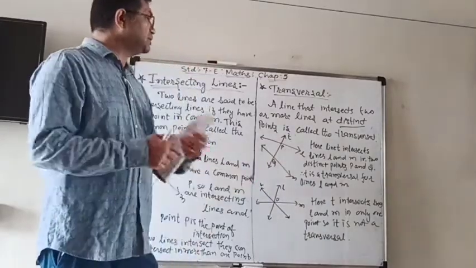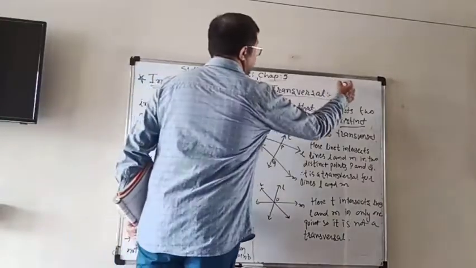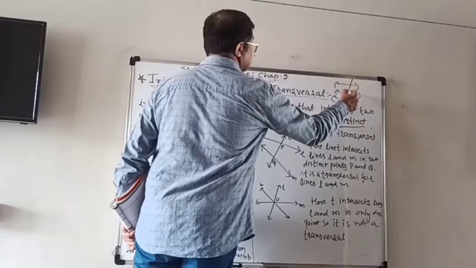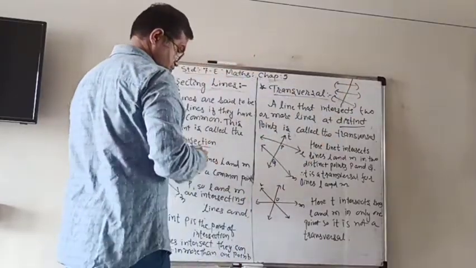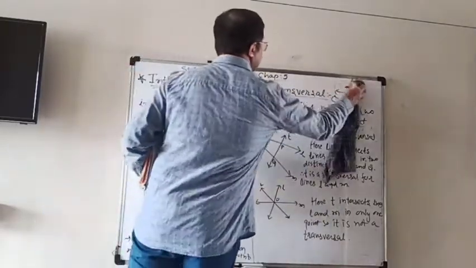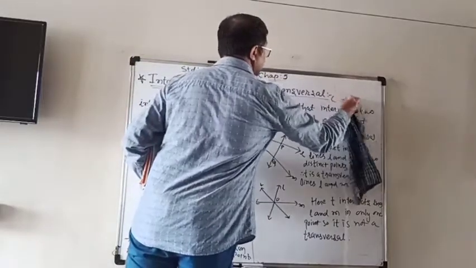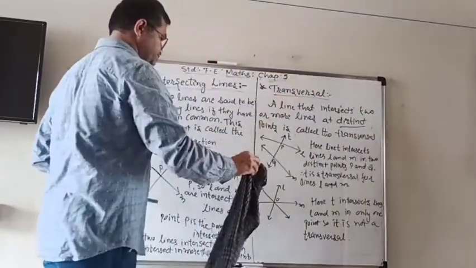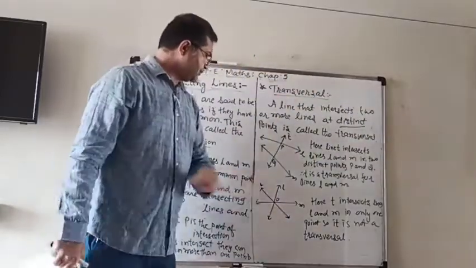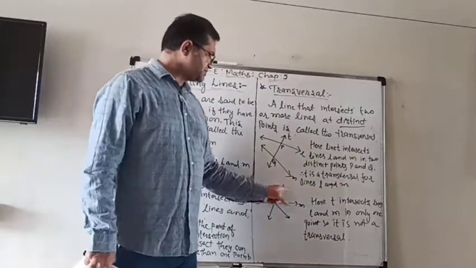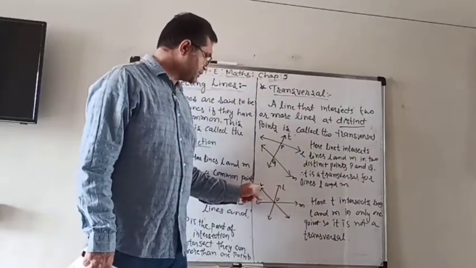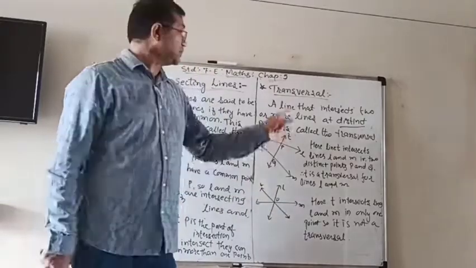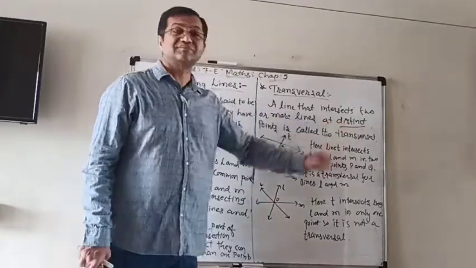There can be more than two lines also, like 1, 2, 3, and if we intersect them in distinct points, then and only then it is said to be the transversal. Look at the other figure here. Here the lines L and M are there, but line T intersects both the lines only in one point, not two distinct points.